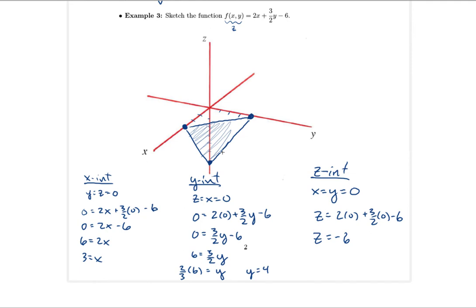Now, if you really wanted to, you could try to stay parallel to this line right here, and then also stay parallel to that original line, and then you make more of a parallelogram out of it, and you can certainly do that as well, but definitely at least have this triangle when being asked to graph a plane.